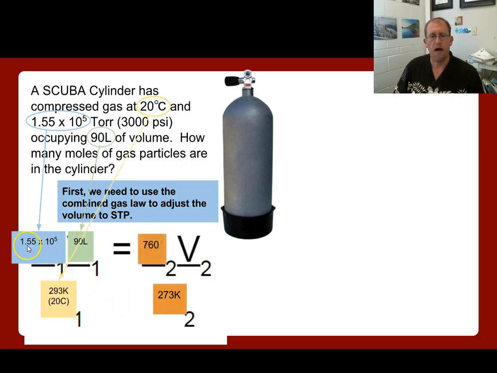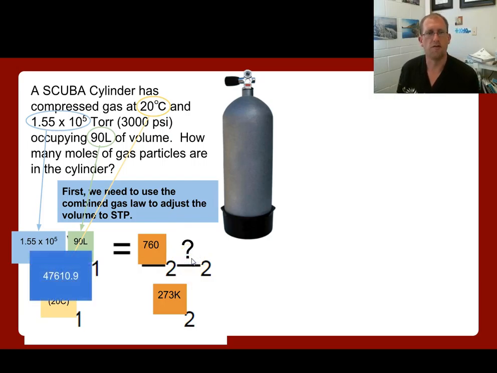So I'm at 1.55 times 10 to the 5th torr and 90 liters of volume, and the temperature is 20 Celsius or 293 Kelvin. I'm going to be going to 760 torr, and I'm going to be going to 273 Kelvin. I need to get to this unknown volume.